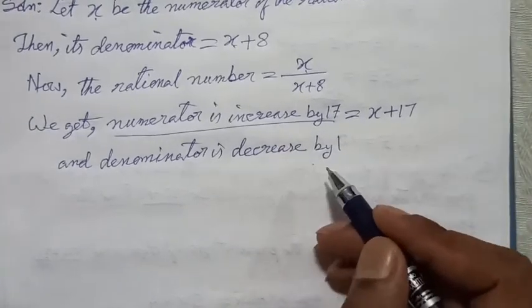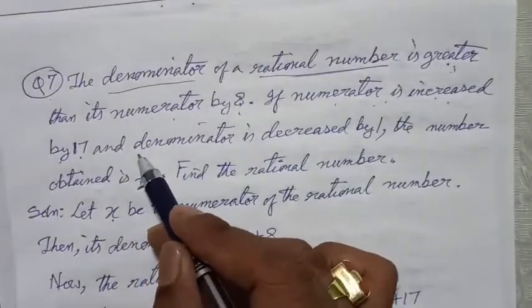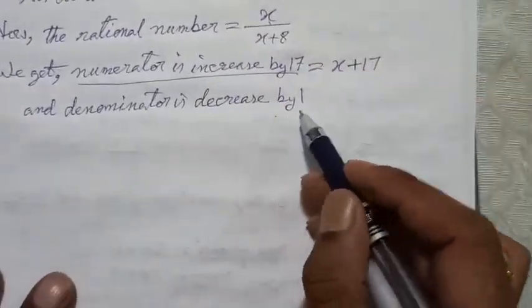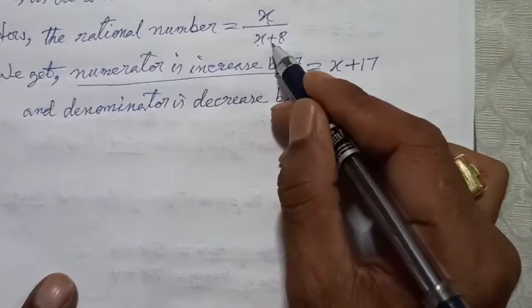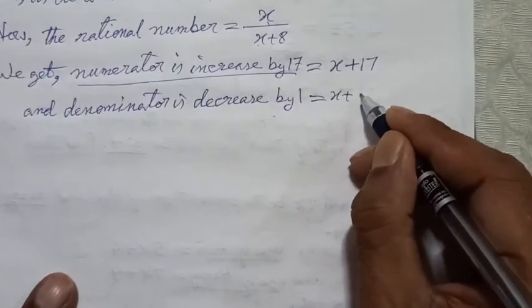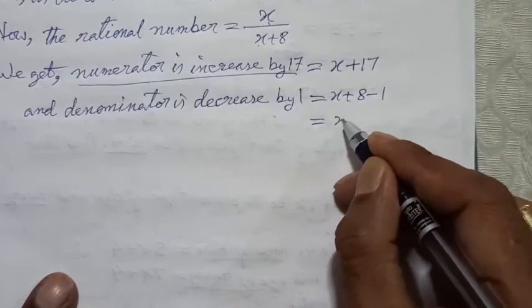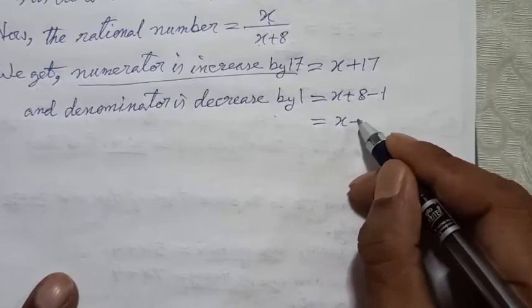This is also from the question. Here denominator is decreased by 1. Denominator is x plus 8. So x plus 8 is decreased by 1. Then 8 minus 1 is plus 7.